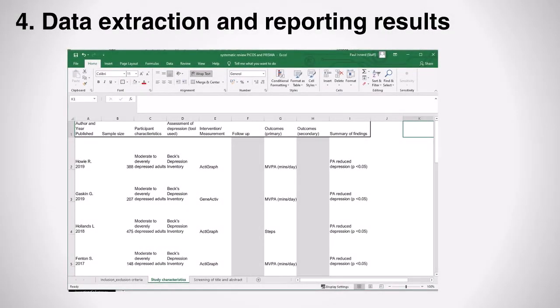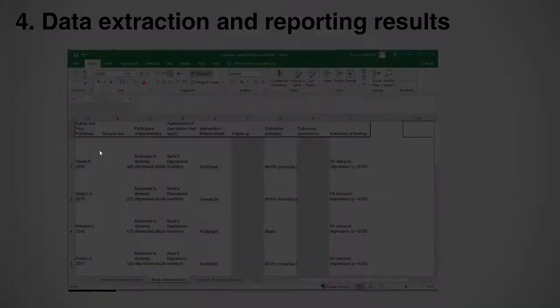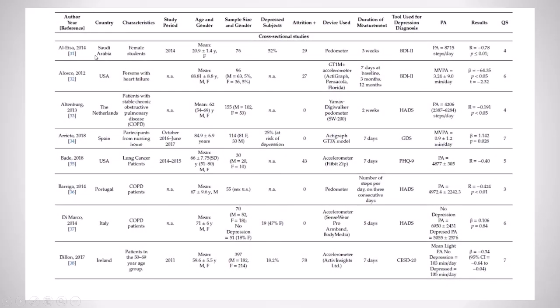So the data extraction part is once you've hand sorted through the results of your search, then you will build a table, which you'll have seen in a few systematic reviews by now, and you'll notice that everyone has a table which has information like this. The table will look something like this when it's published.